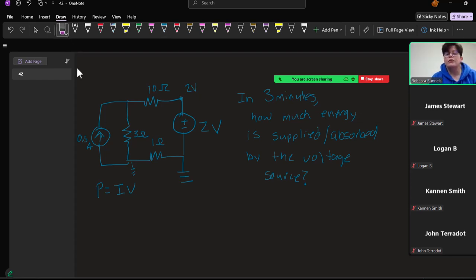So it's only 2 volts because the other side of it is ground. Okay, so that's 2 volts right there. And so I've got a node here, and I have a node here.